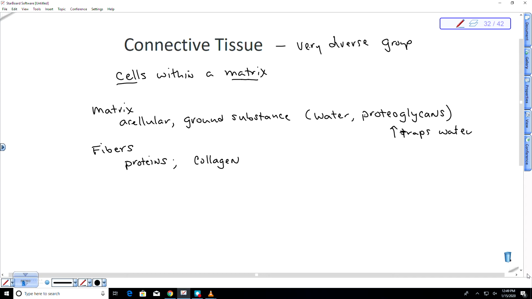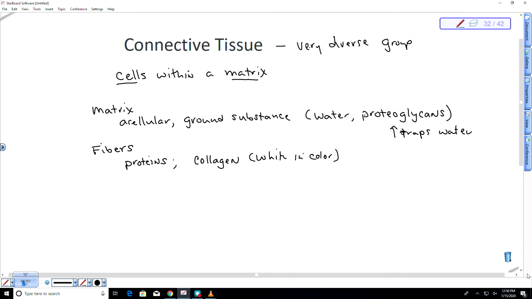Okay. So collagen is an example of a structural protein, and it is white in color. This is why, for example, our bones are white. This is why tendons and ligaments are white, because they have those collagen fibers located in them.